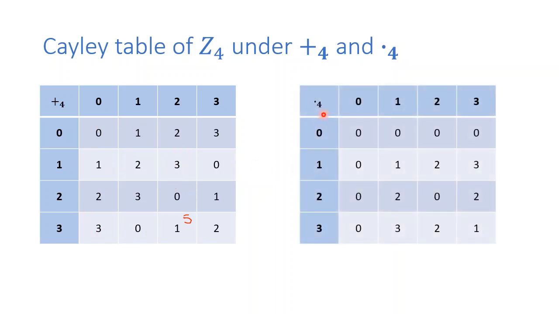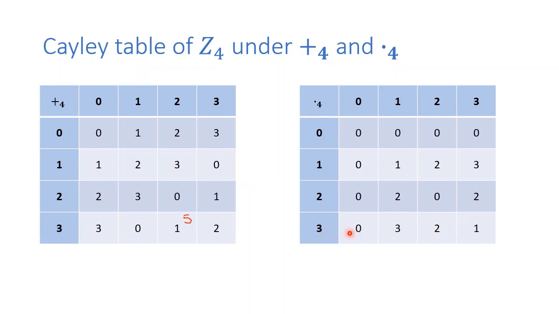Similarly, for multiplication modulo 4 also, you can find the multiplication between all the 4 elements of the set. 0 into any element gives 0, and 1 into any element gives that same element. 2 into any element: you multiply 2 by 0, 0; 2 into 1, 2; 2 into 2 is 4, 4 is equivalent to 0 under modulo 4.